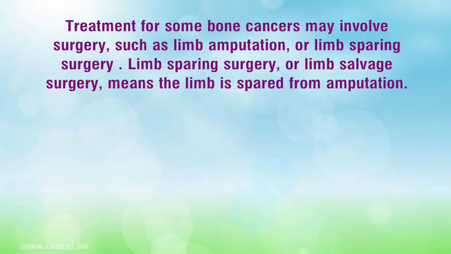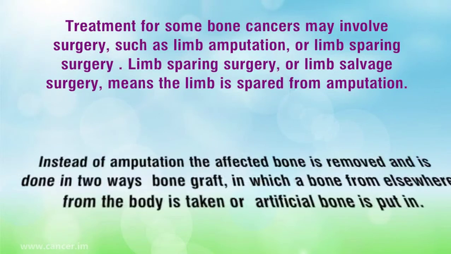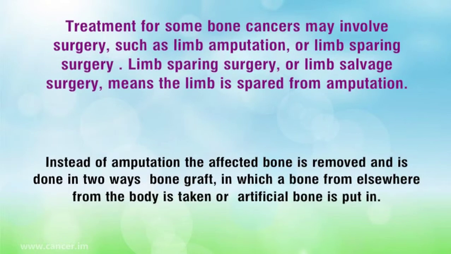Treatment for some bone cancers may involve surgery, such as limb amputation, or limb-sparing surgery. Limb-sparing surgery, or limb salvage surgery, means the limb is spared from amputation. Instead of amputation, the affected bone is removed and replaced in two ways: bone graft, in which a bone from elsewhere in the body is taken, or artificial bone is put in.